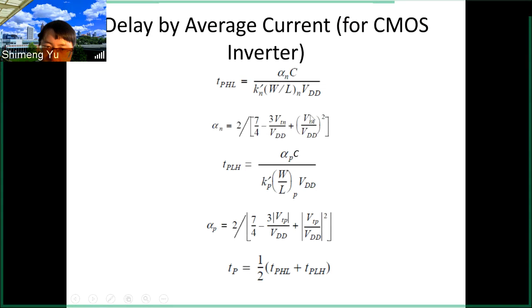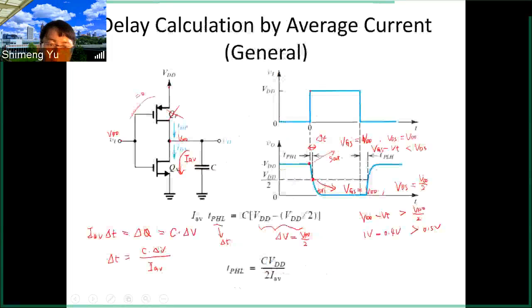So let's recap the approach. Delay is related to the voltage change times the capacitance divided by the average current. So here we just need to find the average current using the saturation current and the triode current.